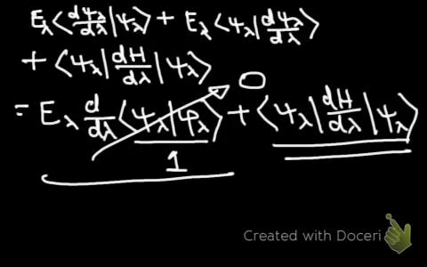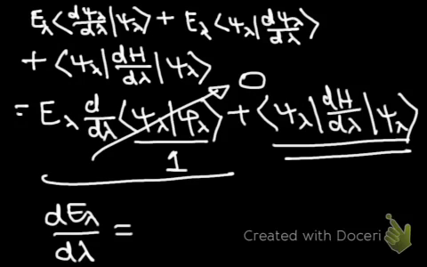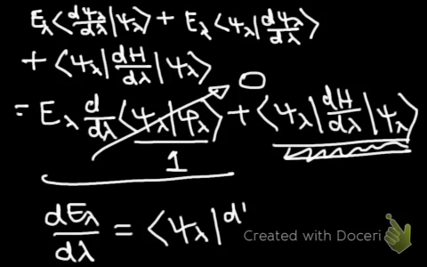And remember, what we had on the left hand side of the equal sign was dE lambda over d lambda, which is now equal to this expression over here, that is psi lambda dH over d lambda psi lambda.